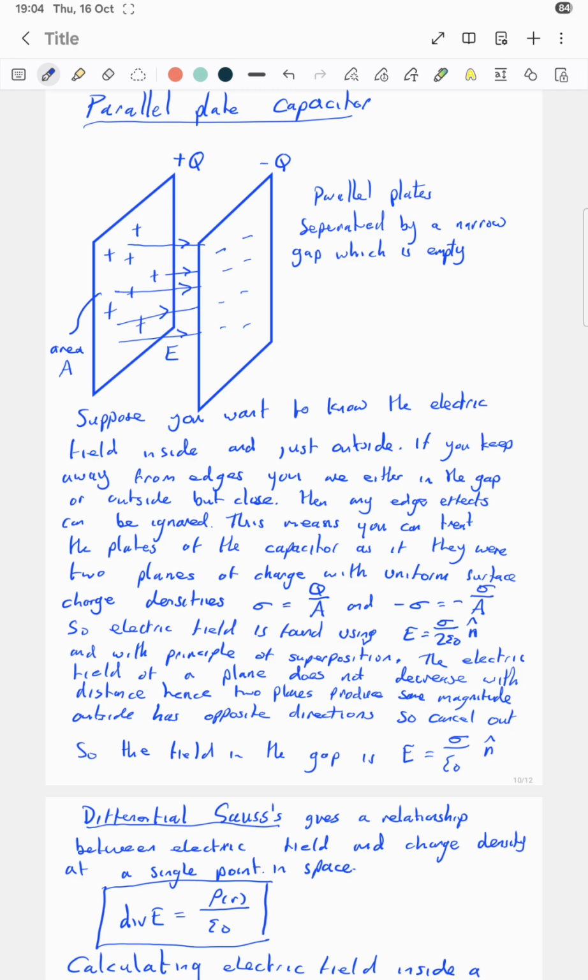So the electric field is found using E equals sigma over 2 epsilon naught, the permittivity of free space. With the principle of superposition, the electric field of a plane does not decrease with distance. Hence, the two planes produce the same magnitude outside but in opposite directions, so they cancel out. So the electric field in the gap is this.